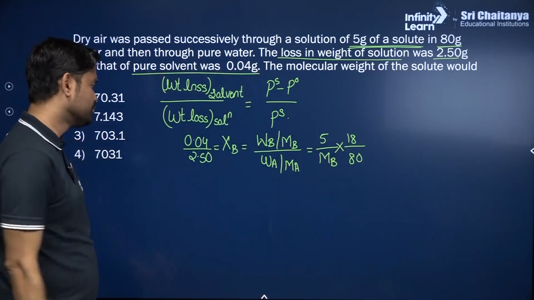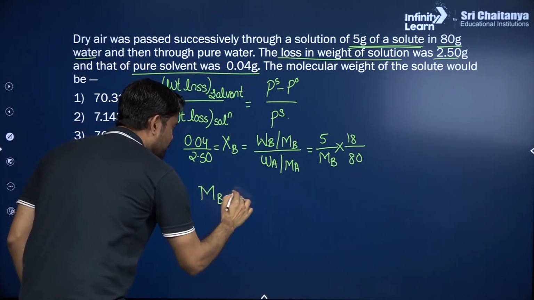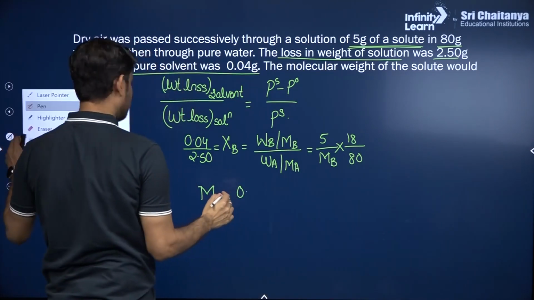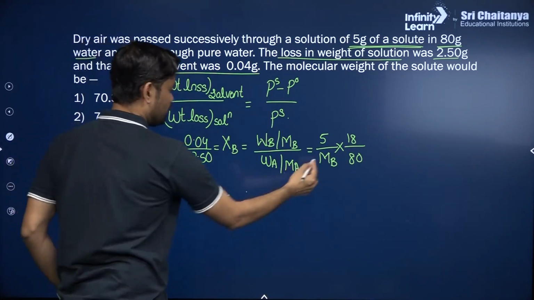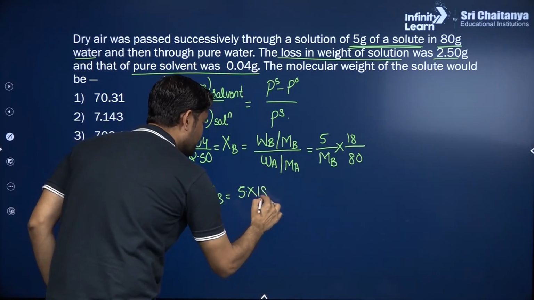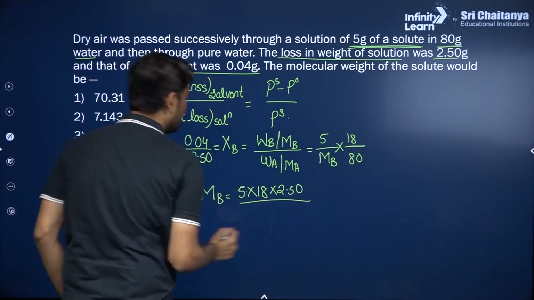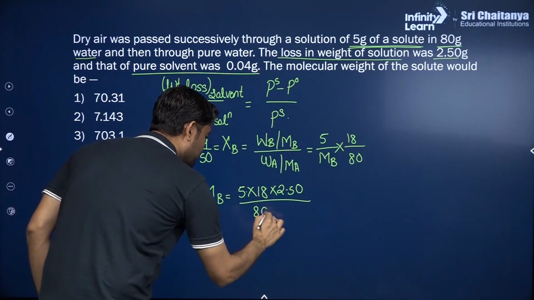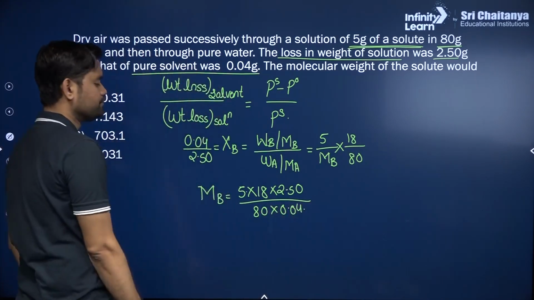Clear? Let us rearrange. So molecular mass of solute will be equal to, wait. So this will come over here and the rest is like this. So 5 into 18 into 2.50 by 80 into 0.04.